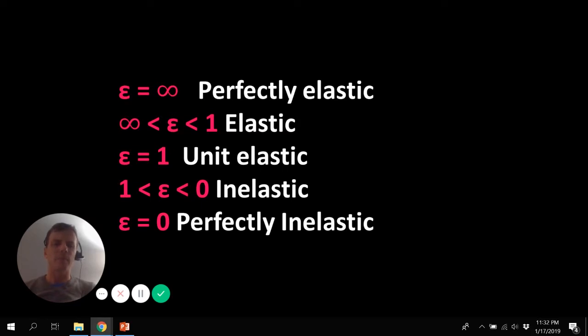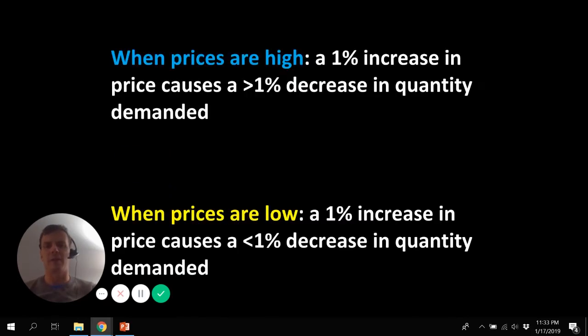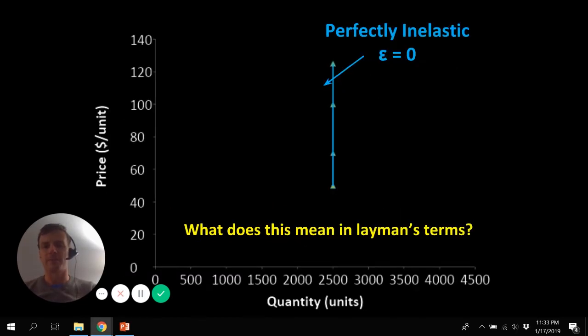And then at higher prices, we have values of the price elasticity of demand that are a little bit greater than 1, which suggests some elasticity. And so what that means is that when prices are high, a 1% increase in price causes a greater than 1% decrease in quantity demanded. But when prices are low, a 1% increase in price causes a less than 1% decrease in quantity demanded.